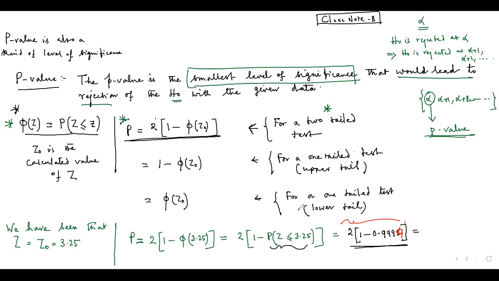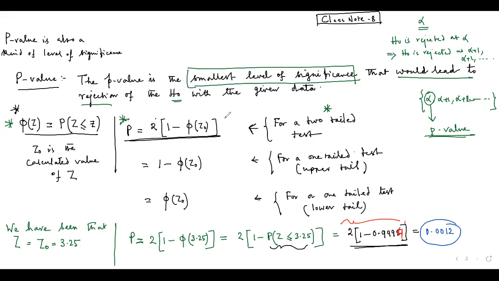Because there are three nines you are giving me, that's why this result 0.012 which you have written is confusing. 0.0012. Now this is your p-value with respect to the given problem.